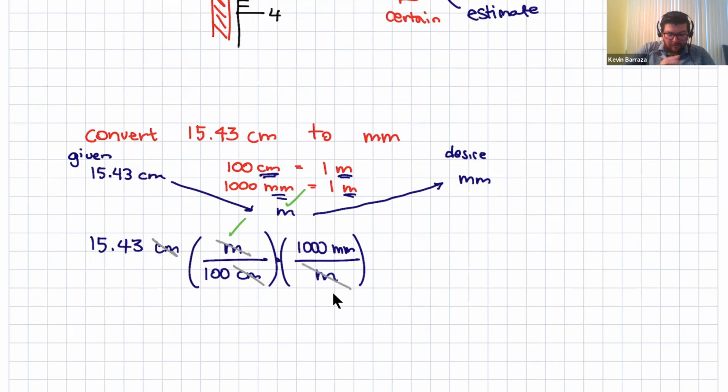And that's going to happen here. When we plug that into our calculator, we could either simplify ourselves or let our calculator simplify, but we're going to do 15.43 times 1,000. The ones are optional to put into the calculator, and then divide by 100. So that should come out to be 154.3 millimeters.